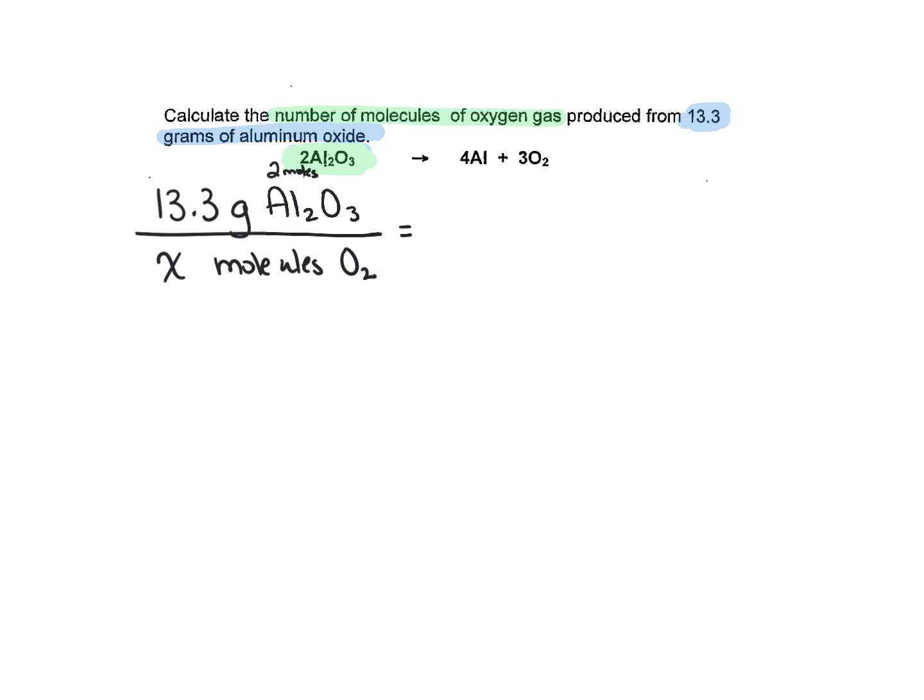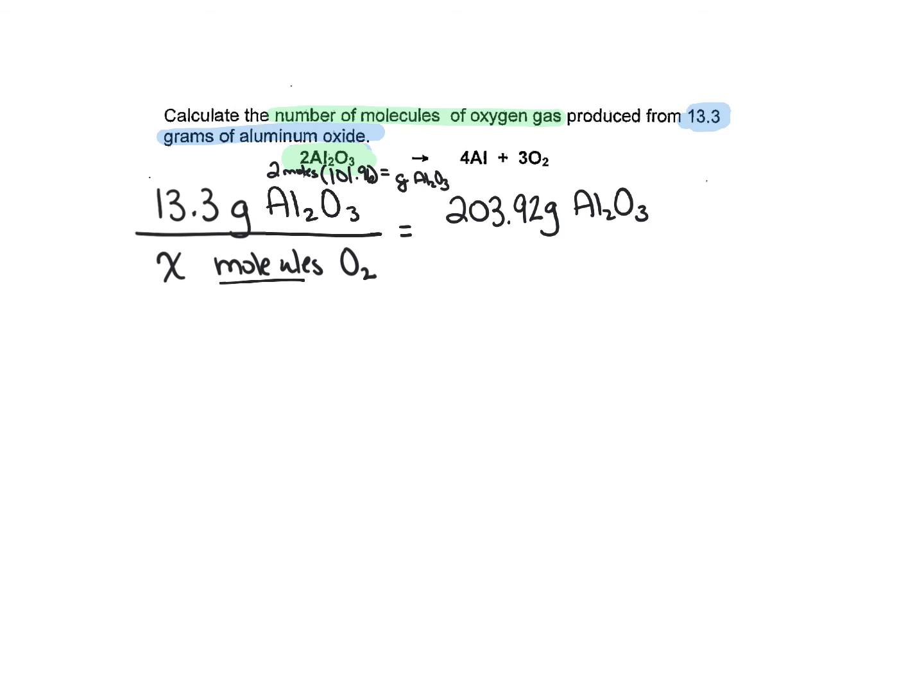So I'm going to need 2 times the molar mass of aluminum oxide to find out how many grams of aluminum oxide this recipe is calling for. According to the molar mass, which is 101.96, since I need 2 moles of it, my equation tells me I need 203.92 grams of aluminum oxide.